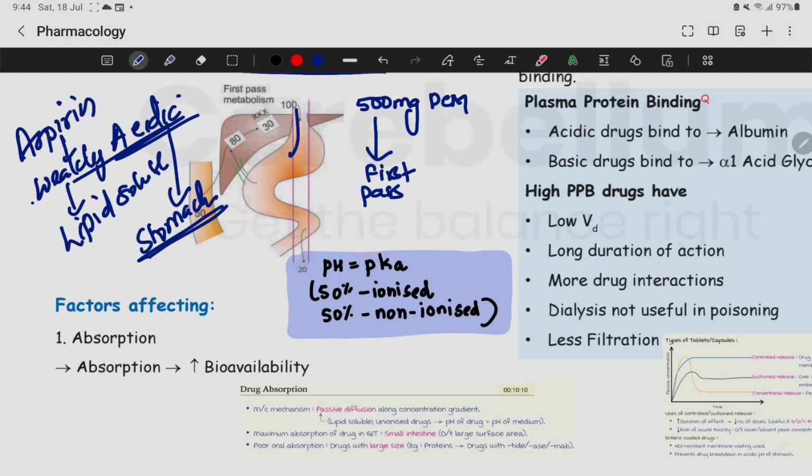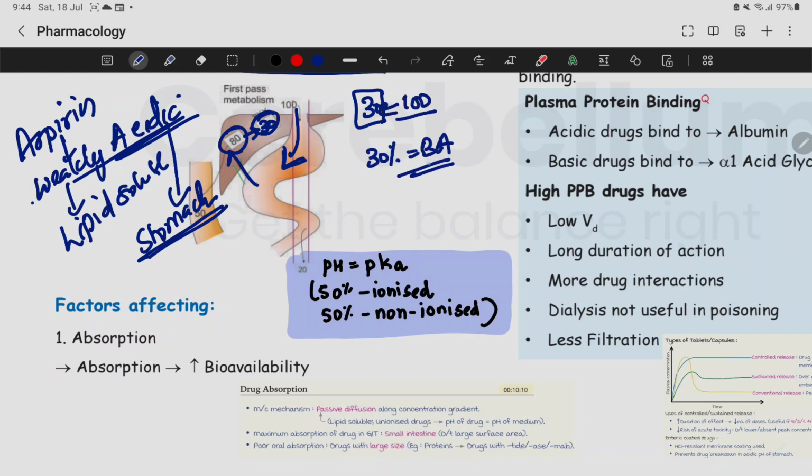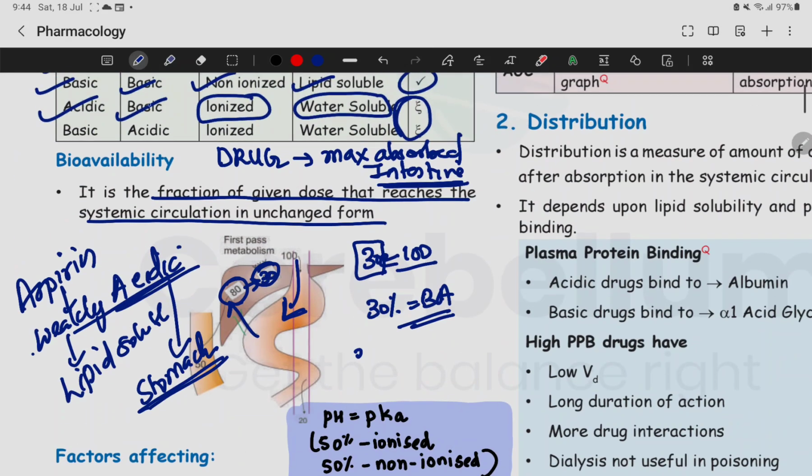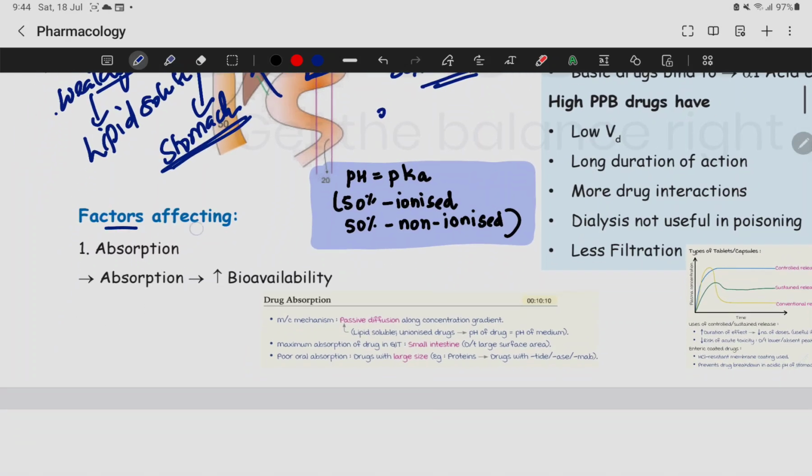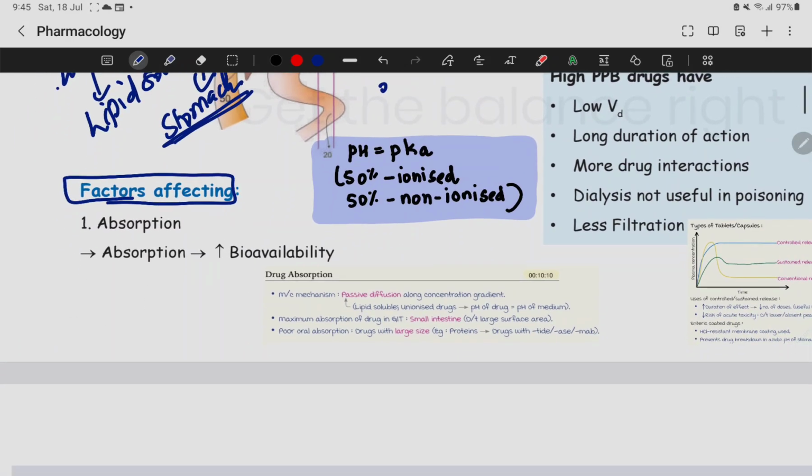They have given an example here: of 100 molecules you have taken, 70 have gone to the liver and only 30 have come back to the blood. So at the end, out of 100 you have only 30. So 30% is the bioavailability, the fraction of the drug that has reached the systemic circulation in unchanged form, without being changed by first pass metabolism.